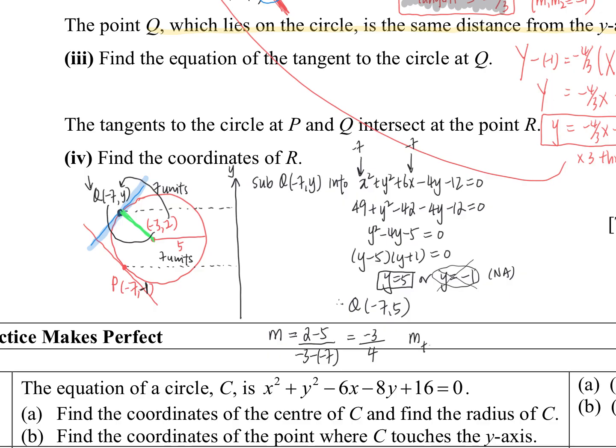So the gradient of the tangent line will be the negative of this, and then you flip, so it's 4 over 3. With the gradient and the point Q, you can find the equation. Same formula: big Y minus the small y value equals gradient times big X minus the small x value.